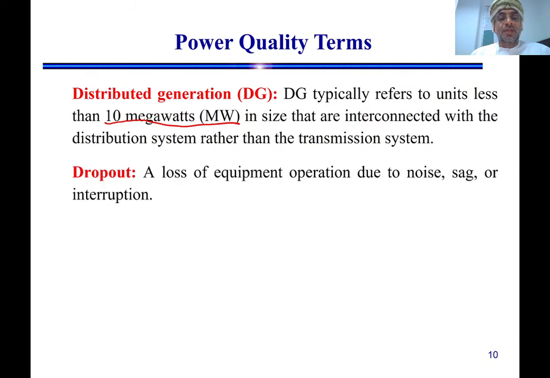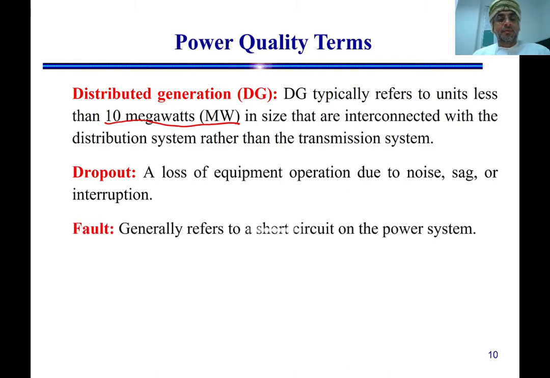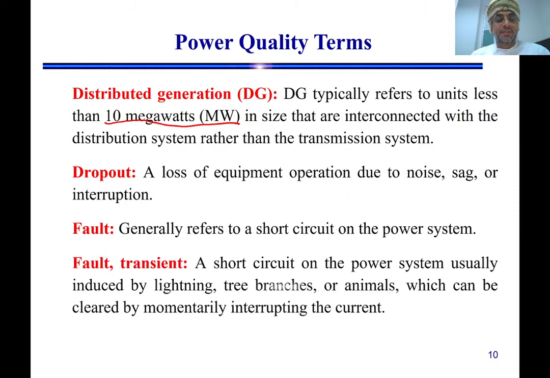Dropout is a loss of equipment operation due to noise, sag, or interruption. Fault. When we say fault, that means we are talking about a short circuit. Fault transient is usually again a short circuit induced by lightning.